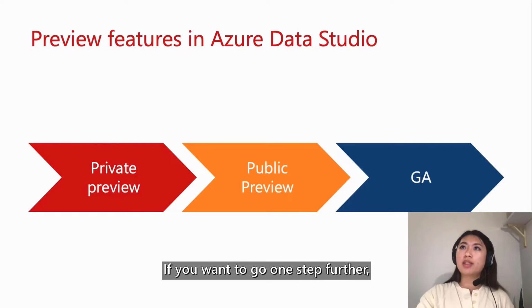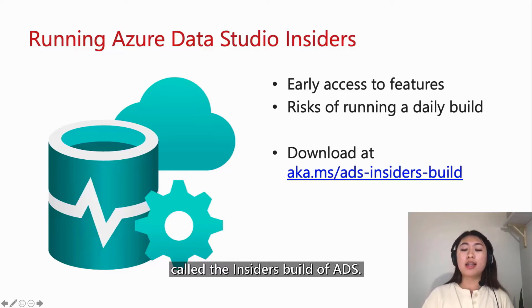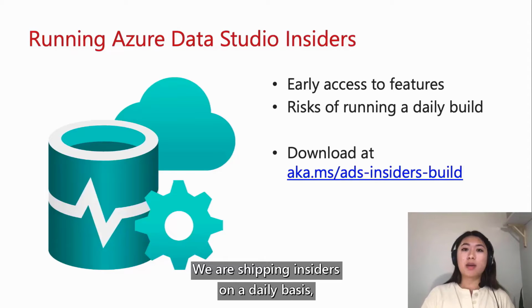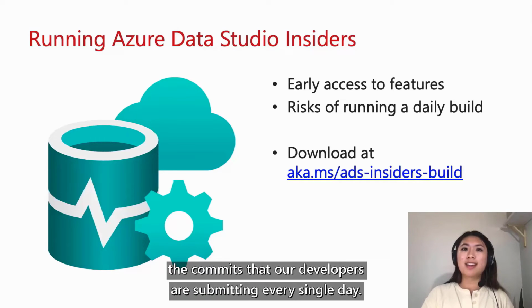So if you want to go one step further, you can install what's called the Insiders build of ADS. This gives you extremely early access to features. We are shipping Insiders on a daily basis, so you're really experiencing the commits that our developers are submitting every single day.